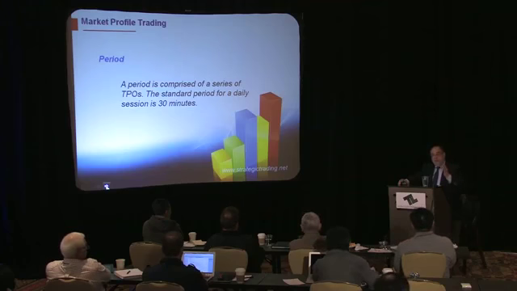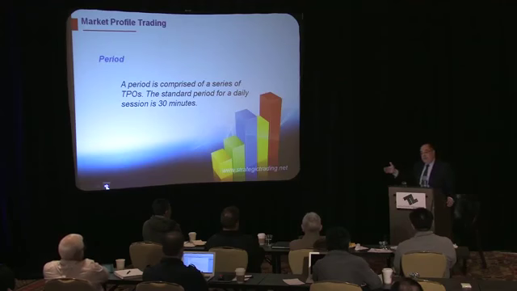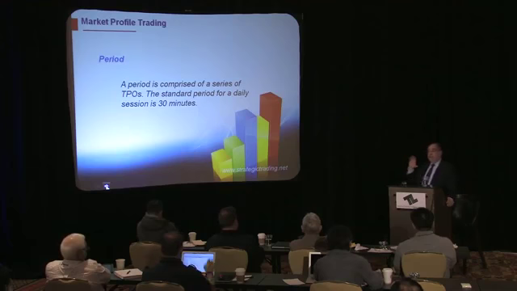So it was made up of a number of different periods. The standard period on a profile chart, and notice the word I'm using here, standard period, is 30 minutes. So your standard profile chart looks at the day and breaks it up into 30-minute intervals.